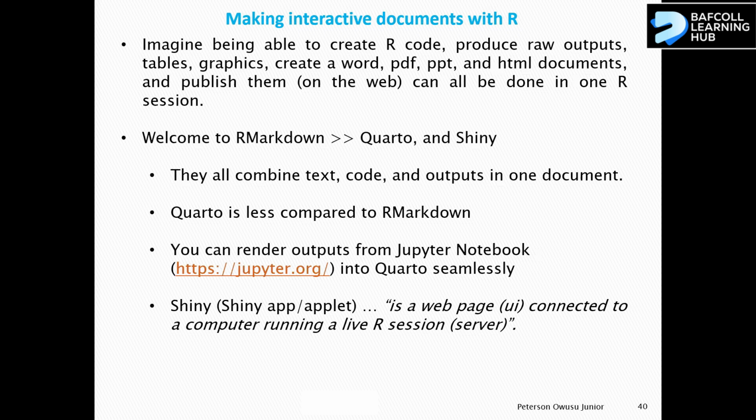And that is possible because of the Markdown, which has been upgraded to Quarto. Just a little bit easier to do than to do Markdown. And you have the Shiny, which is a web app inside RStudio.